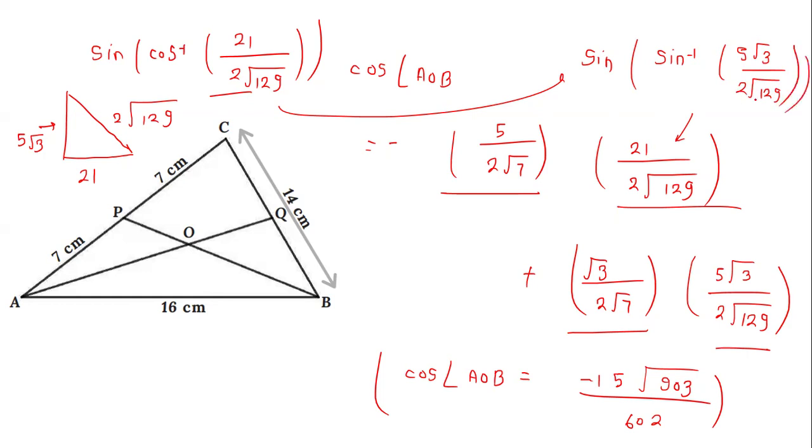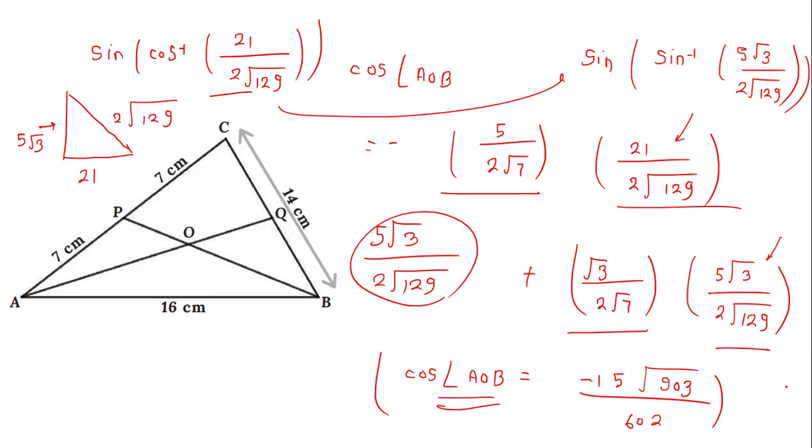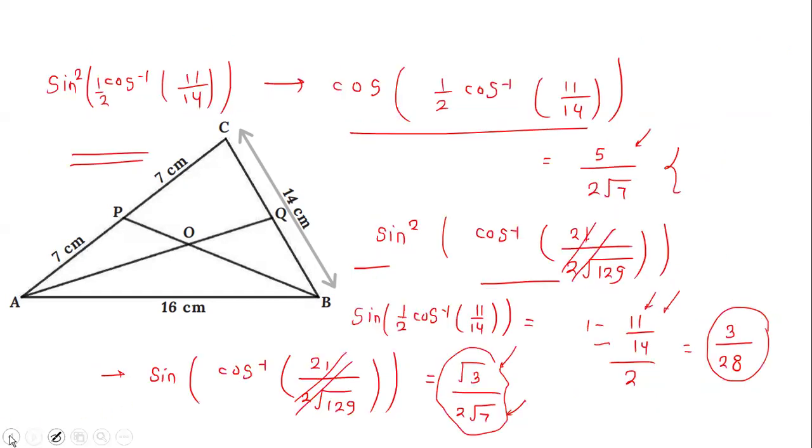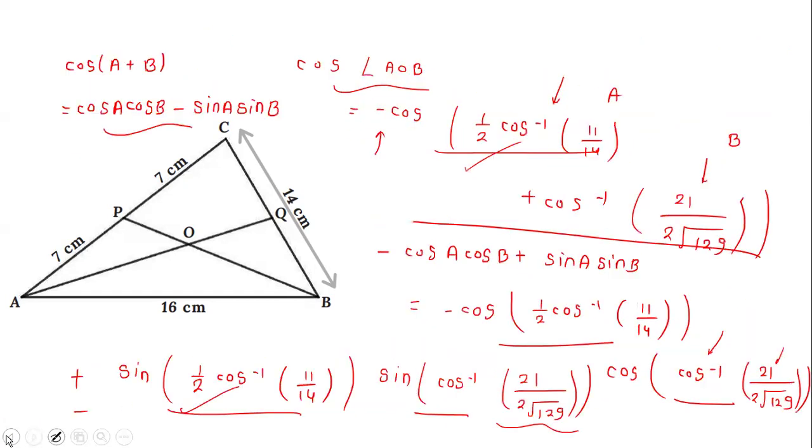So sine of sine inverse will simply come as 5 root 3 divided by 2 root of 129. Now you can put this value here, and after simplifying, the cos of angle AOB will come like minus 15 root of 903 divided by 602. So in this way you can calculate this. There is simply the calculation part here, so you can do that calculation. So in this way we can solve this.